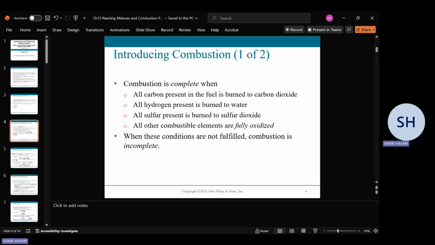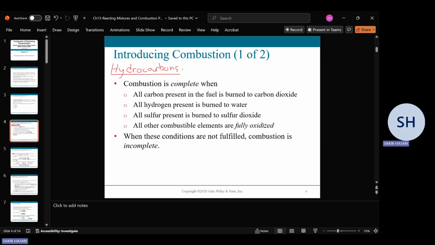So what do we use for our reacting? We primarily use what's called hydrocarbons. When you're thinking of fossil fuels, you're thinking about hydrocarbons, let's say methane or octane or any number of different carbon hydrogen combinations.